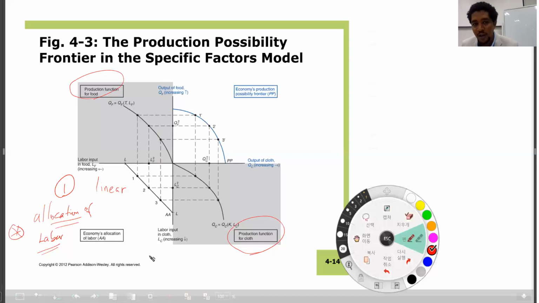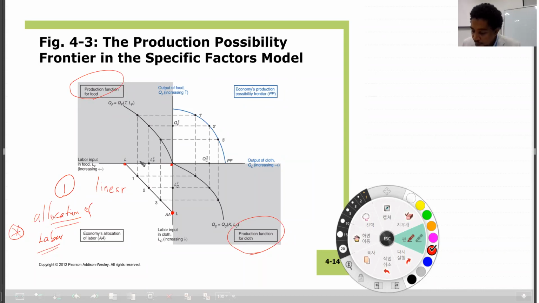As we have said, when we use more labor for clothes, we produce more clothes, and when we use more labor for food, we produce more food. So with zero labor for food, we produce this much amount of clothes. With zero labor for clothes, we produce this much food.